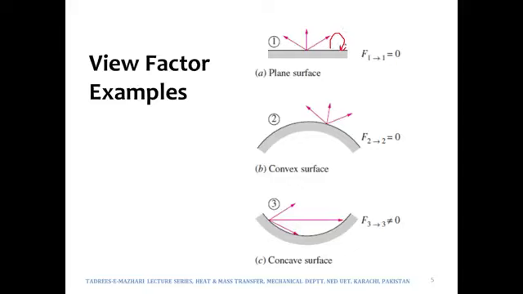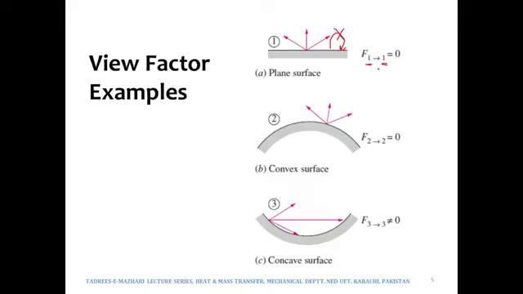It will not get bent and be incident back onto itself. Now this is not going to happen. So in this case F1 onto 1 is 0, meaning the radiation leaving 1 and being incident upon 1 does not exist. Again, that does not mean that F11 will always be 0 no matter what.